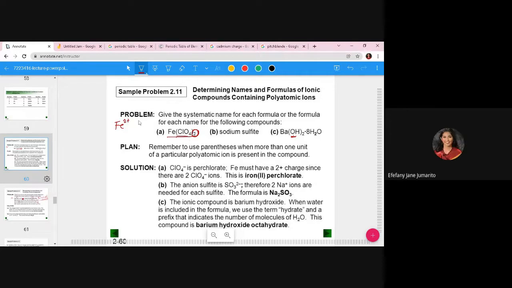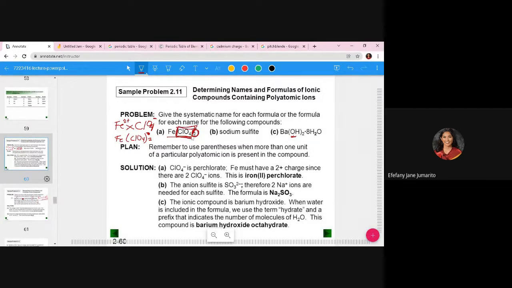Then what about Cl and O4? What is its charge? Negative only. So it moved over. Okay, cross multiply. Fe, then parenthesis, ClO4, 2. We put parentheses because this whole thing is a polyatomic ion.